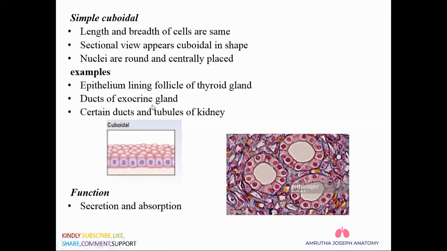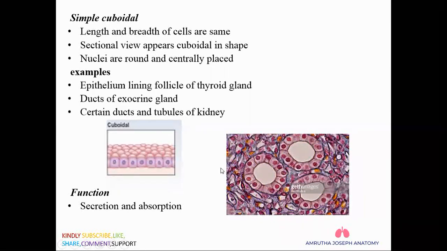Exocrine glands are of many types. Salivary glands are an example of an exocrine gland. Certain ducts and tubules of the kidneys are again lined by simple cuboidal cells. The function is secretion and absorption. So it has two functions, secretory function, so it can secrete something, or it can absorb. These functions can be seen in simple cuboidal epithelium.